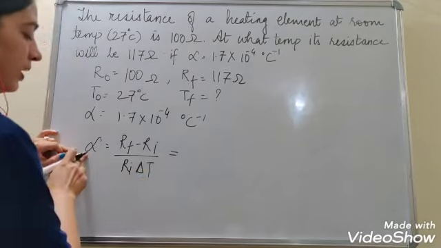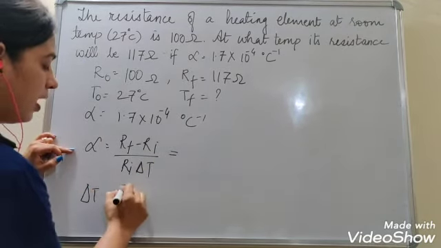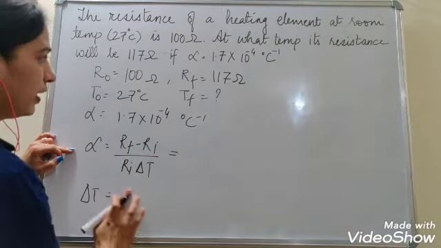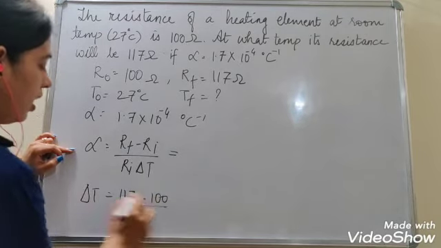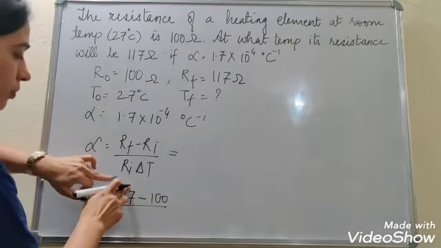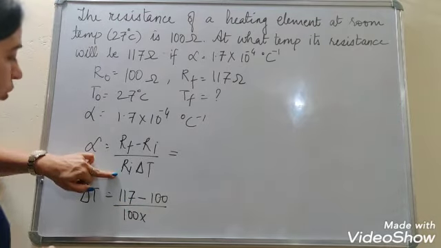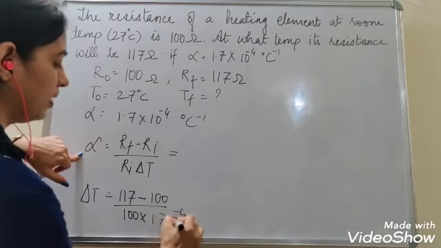So taking delta T up, we can write the change in temperature is R final minus R initial, substituting directly, 117 minus 100 upon R initial, that is 100, into alpha, that is 1.7 into 10 to the power minus 4.